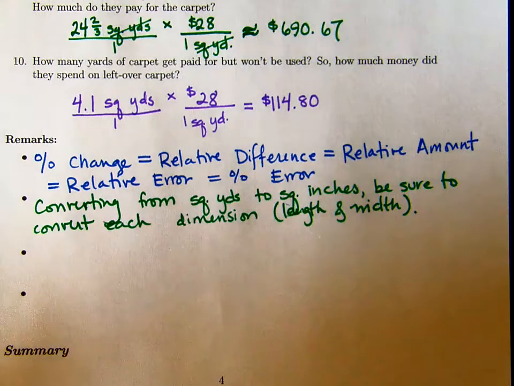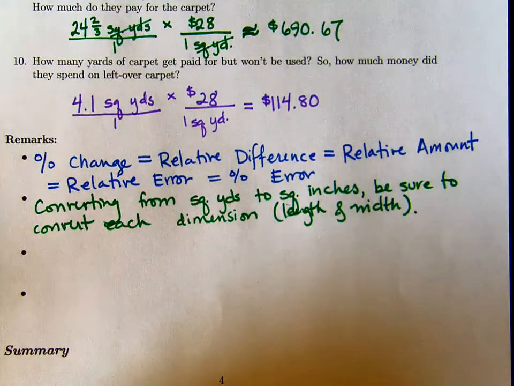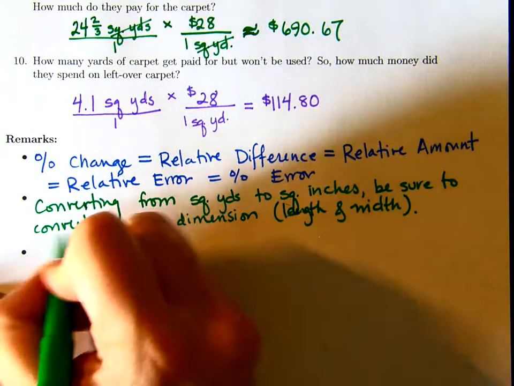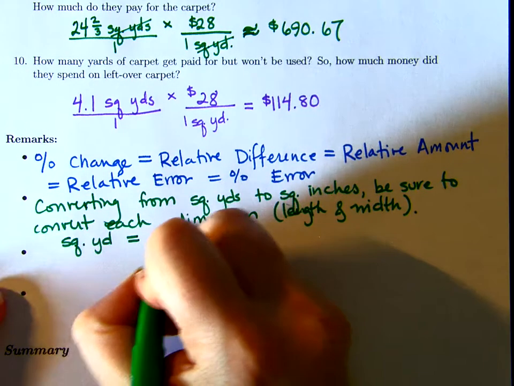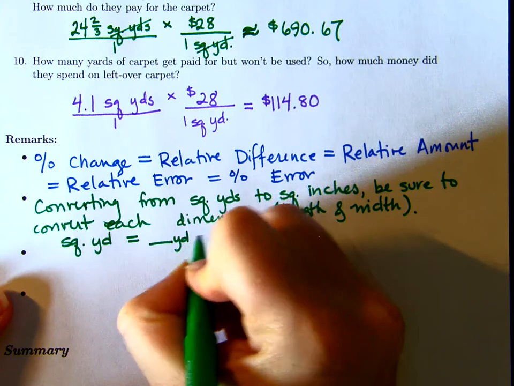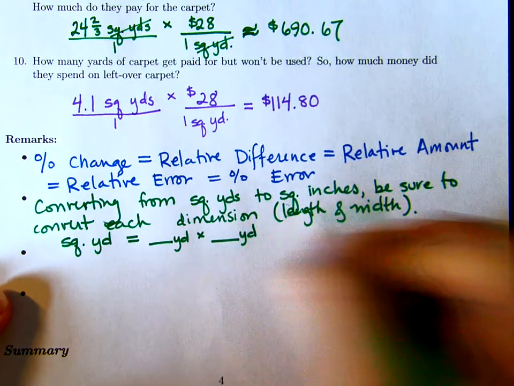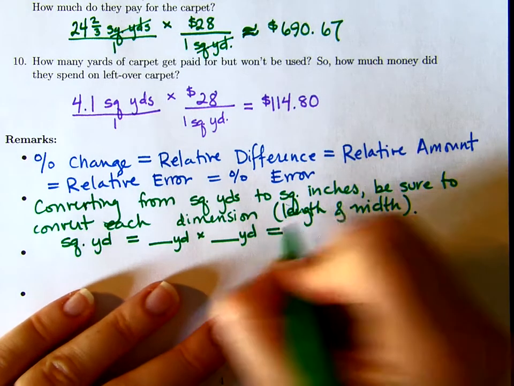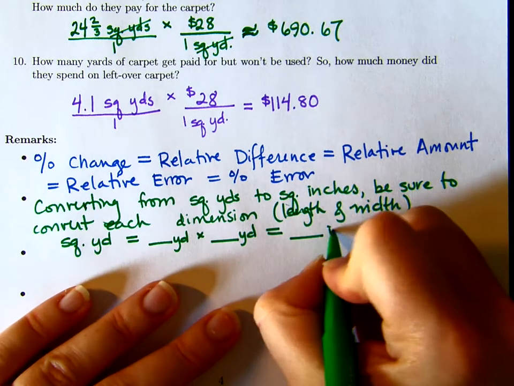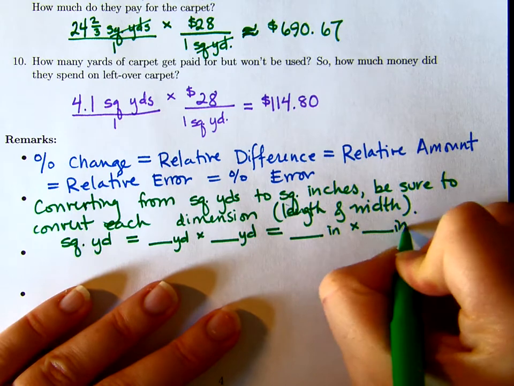So whenever we see something like square yard, we really should write out yard by yard, and then make sure that we convert each of these to whatever inches by whatever inches.